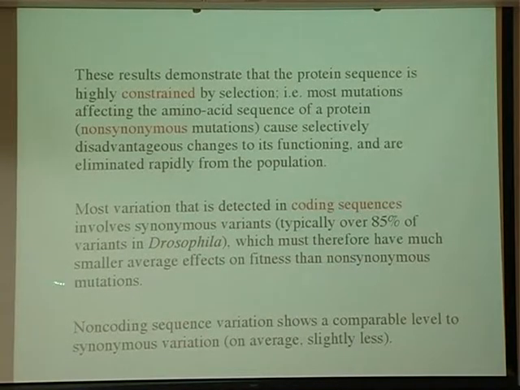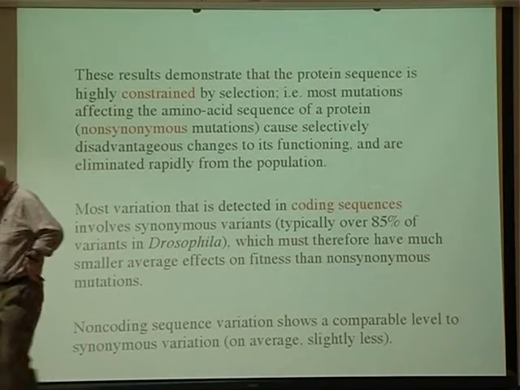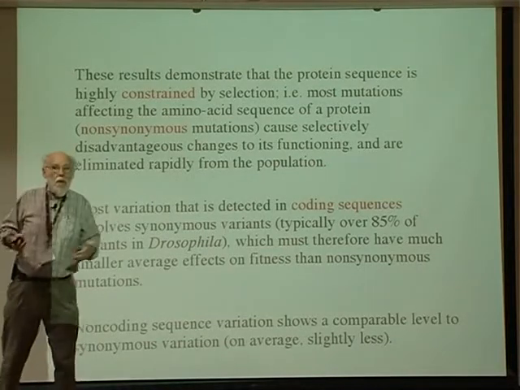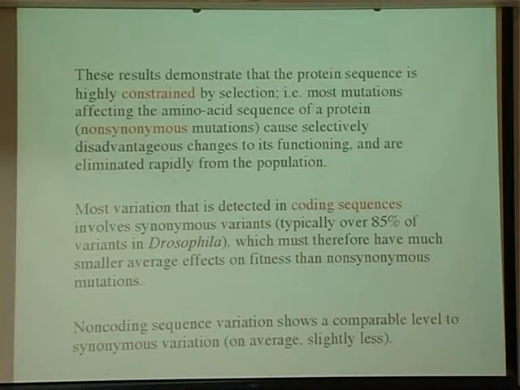And therefore, they must have much smaller average effects on fitness than non-synonymous variants. Okay? So lots of variability, the silent mutations in non-coding sequence or synonymous variants, but very much smaller amounts of variability at the level of non-synonymous changes that affect the protein sequence.